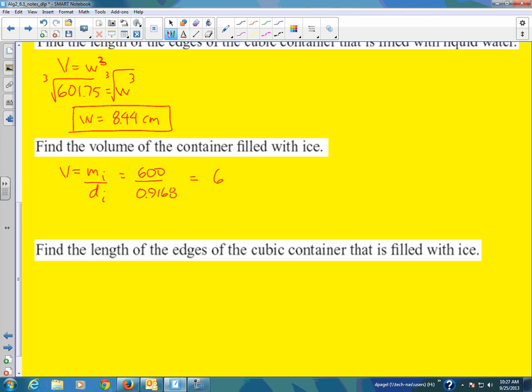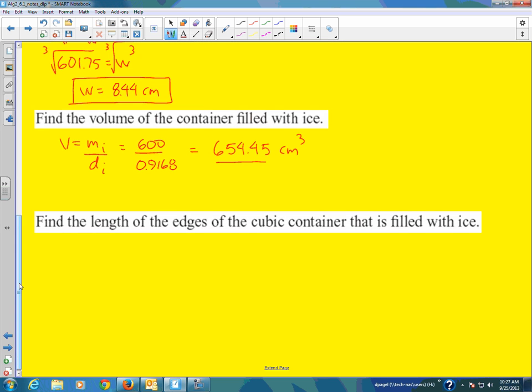That's 654.45 cubic centimeters. We see that this is significantly more, and it's because my density was smaller for ice than it was for the water. So my box is going to have to be bigger dimension-wise. My volume is still W cubed for a cubic container, but now my volume is 654.45.